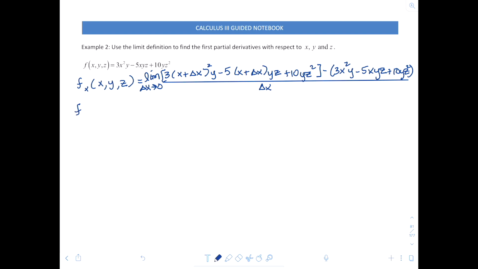So fx at x, y, and z with a little algebra is going to be the limit as delta x approaches 0 of 3x squared plus 6x delta x plus 3 delta x squared.